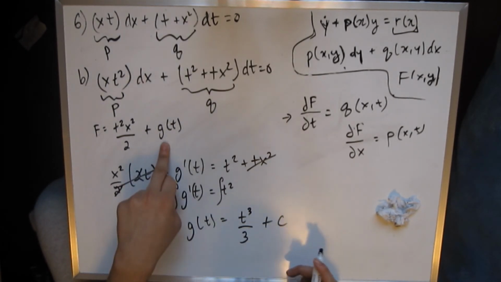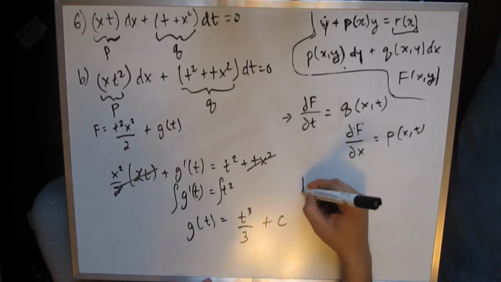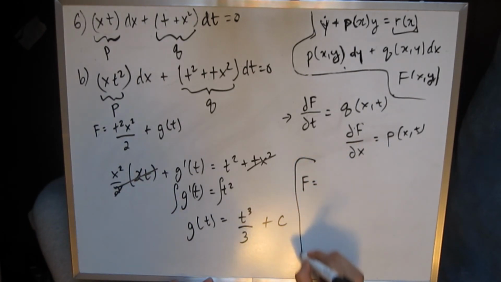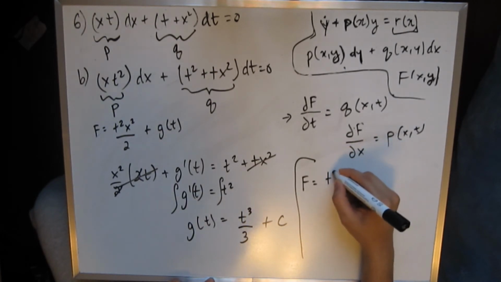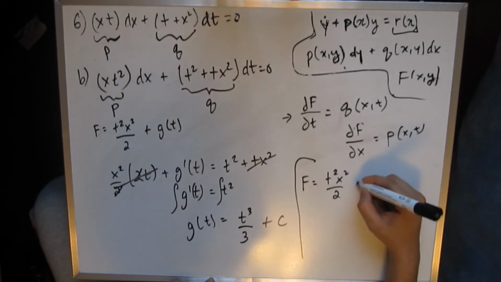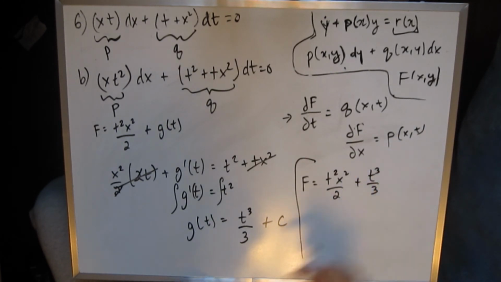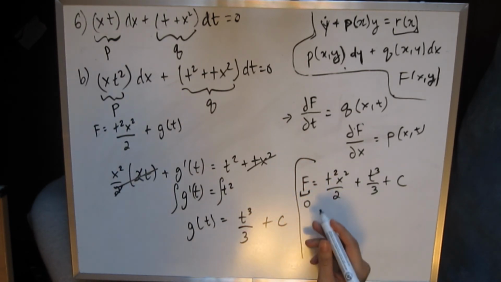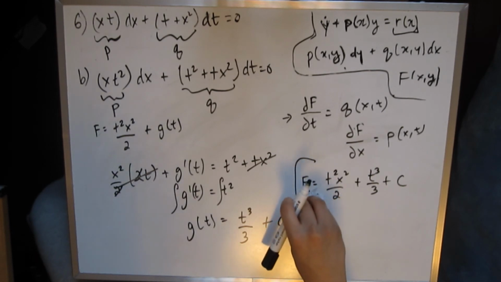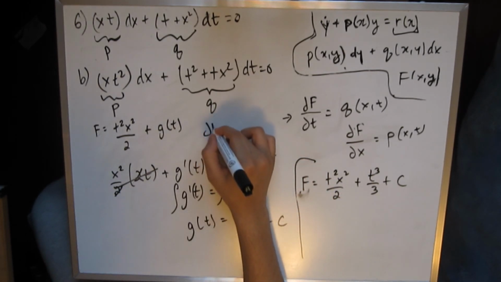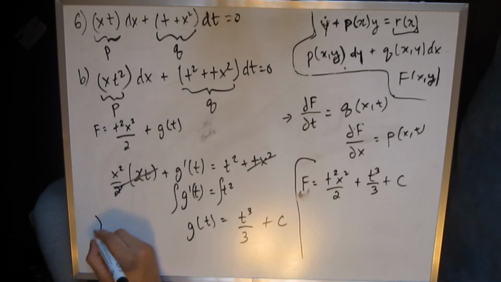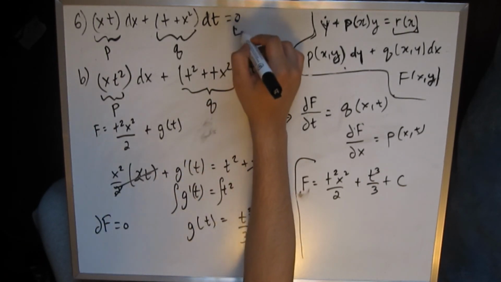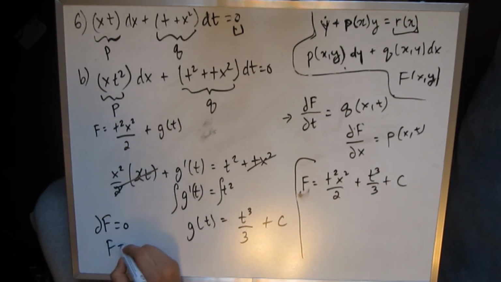All we actually need to do is sub that equation over there, and you have f is equal to t squared x squared over 2 plus t cubed over 3, plus c. Now, just like before, since df is equal to 0, as we can tell from this equation, we can make the assumption that f is equal to a constant k.